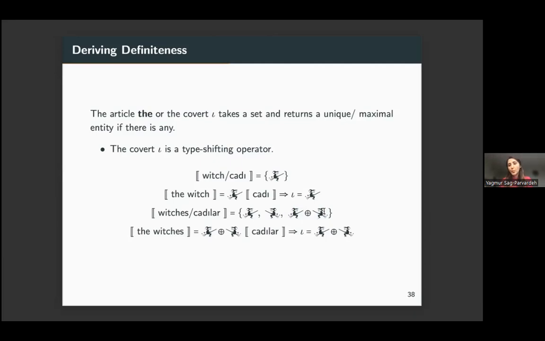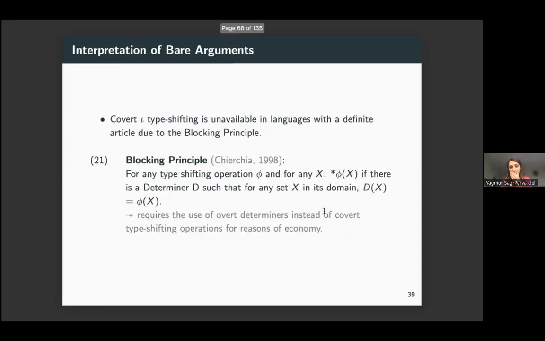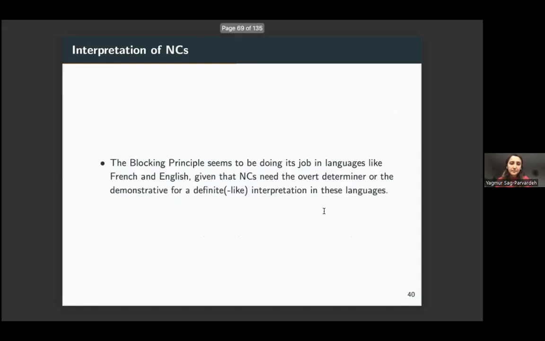It is just an operation that happens in the absence of a lexical item. So in languages like English, it has been claimed that if your language has a definite article, then you have to use that. You cannot do covert iota type shifting. So this operation is reserved for languages where you don't have an overt version of that operation, let's say.